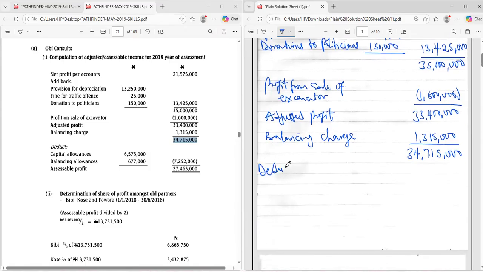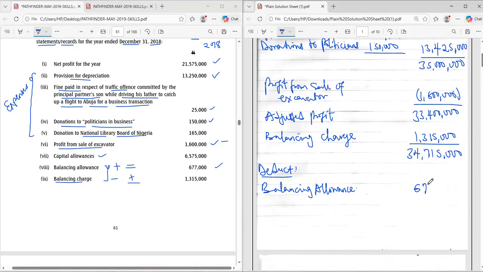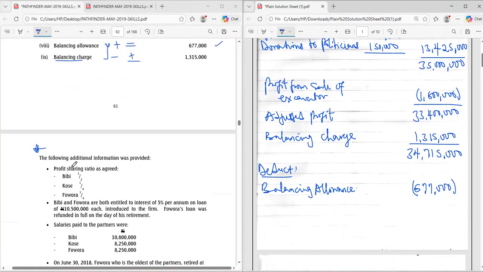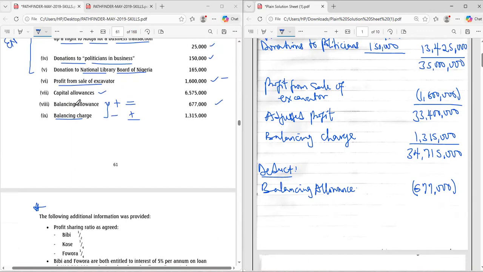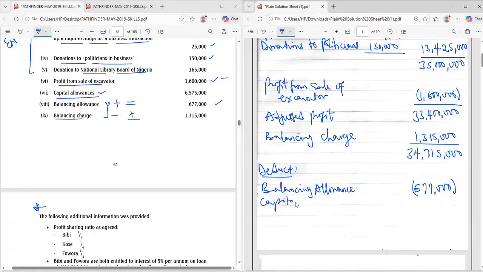So now deduct the balancing allowance. How much was it? 677,000. And where's your capital allowance? There, your capital allowance. That's what you're using to replace your depreciation.